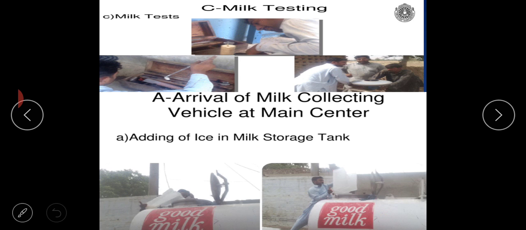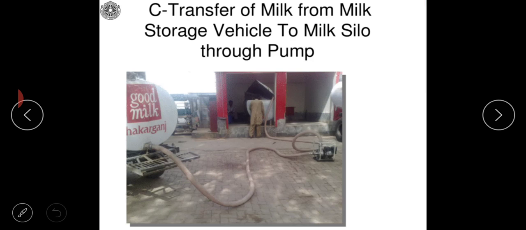The milk collected in the big containers or vehicles has ice added to it in the storage tank, to preserve it until it is transported to the dairy industry. You see this transfer of milk from such storage vehicles to the milk silo through a pump.